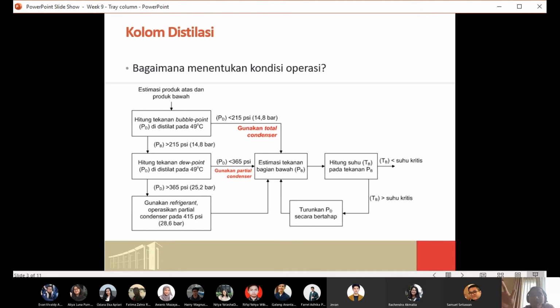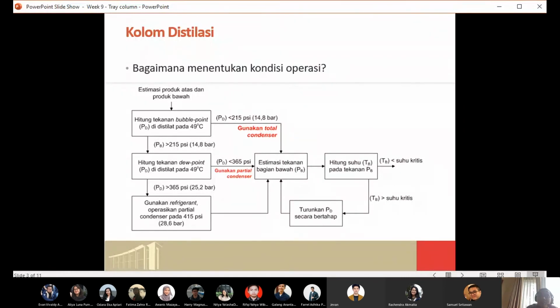So the duty of the reboiler here in the bottom side is actually to transform the phase from liquid into vapor phase, the opposite of the top side of the column, which is the condenser. So you have to change the phase from liquid to vapor. You have to understand that the condition of the bottom should be in liquid form.